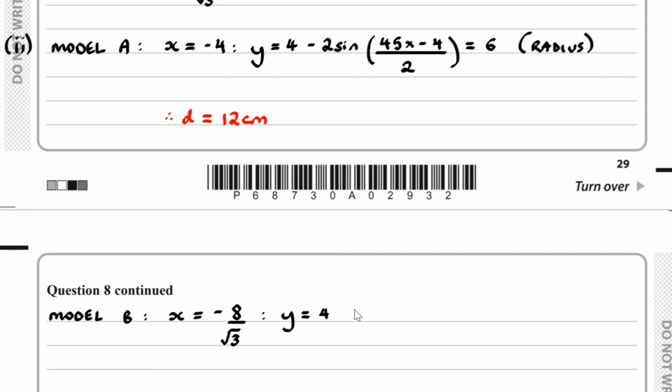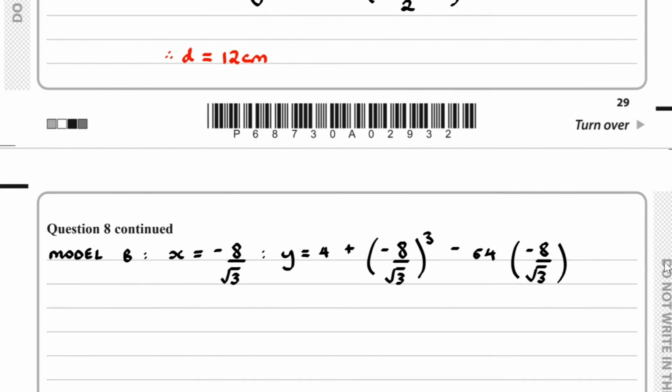I have 4 plus, and then in brackets I've got minus 8 over root 3 cubed minus 64 times by minus 8 over root 3, and then this is divided by 100.